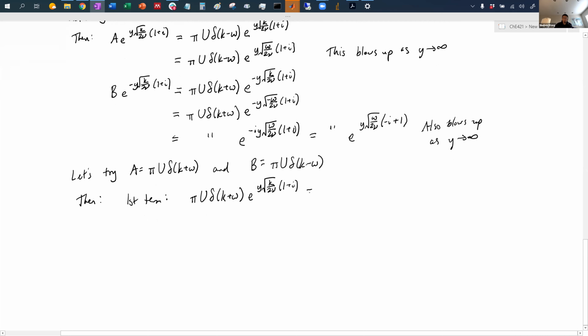And this is equal to pi u delta k plus omega. And again, I can replace the k with a negative omega now. Okay, and this is equal to, again, pi u delta k plus omega e to the i y square root of omega over 2 nu 1 plus i.